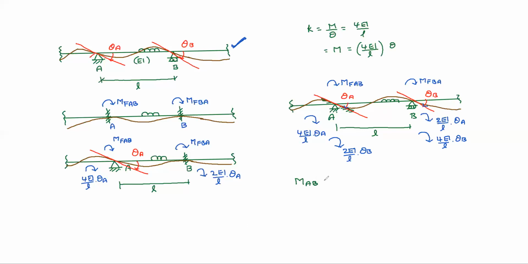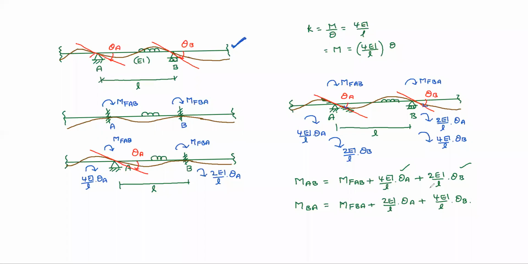MAB, that means moment at A, is MFAB plus 4EI by L into theta A plus 2EI by L into theta B. Similarly, MBA, original moment at B, equal to summation of all those things, MFBA plus 2EI by L into theta A plus 4EI by L into theta B. So if you know the displacements theta A, theta B, and fixed moments, we can find final moments.